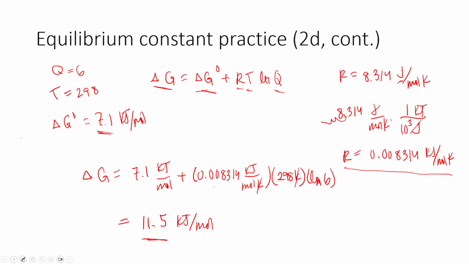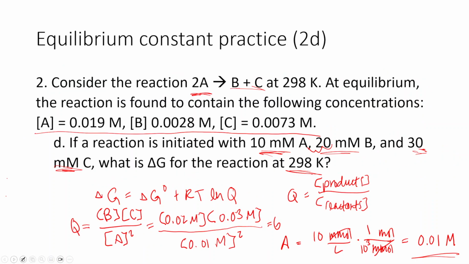So at standard conditions, your reaction has equal amounts of everything. That's part of what being at standard conditions means. So what we did was we changed that. We added not equal amounts. So we have 10 millimolar of A. That's less reactant compared to product, right?